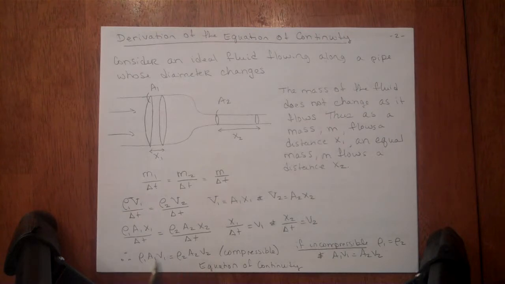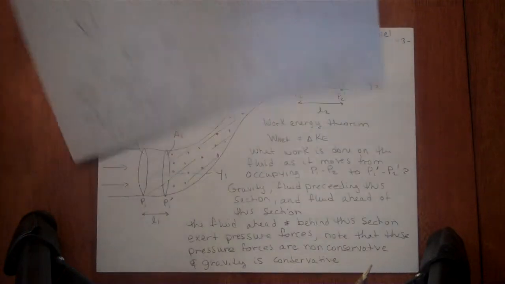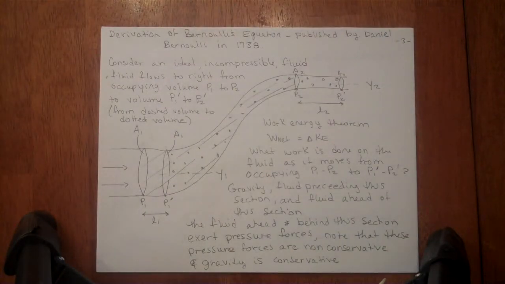This is the equation of continuity for a compressible fluid. If it's incompressible, then the density isn't changing, and that means that rho 1 and rho 2 are the same. Thus, they'll cancel on either side of the equation, leaving us with just A1 V1 equals A2 V2. And this is the equation we're going to be using for the idealized conditions, incompressible fluid.